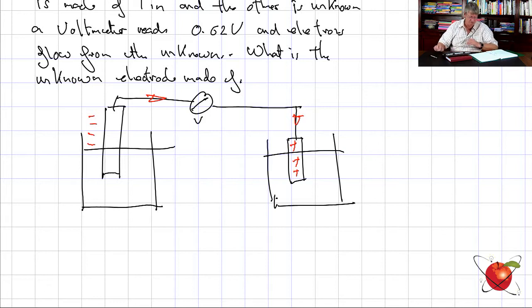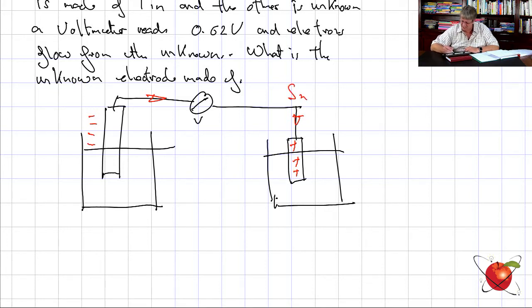So let me get out my table, which is in the back of every single textbook. Now let's have a look. We've said that this is tin, and the electrons are flowing this way, so this is our tin electrode.